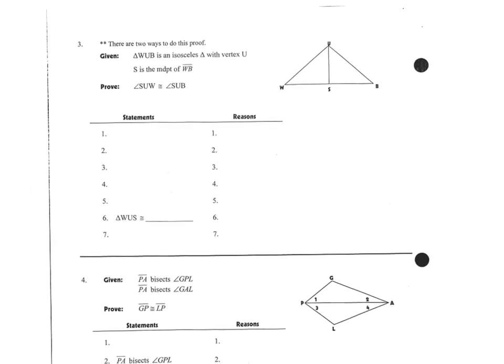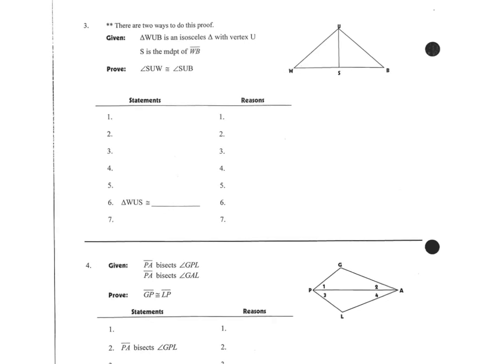All right, so let's look at the third one here. If we start with our first piece of given information, that triangle WUB is isosceles, then from that given information, we should automatically know that our sides, segment WU, is congruent to segment BU.